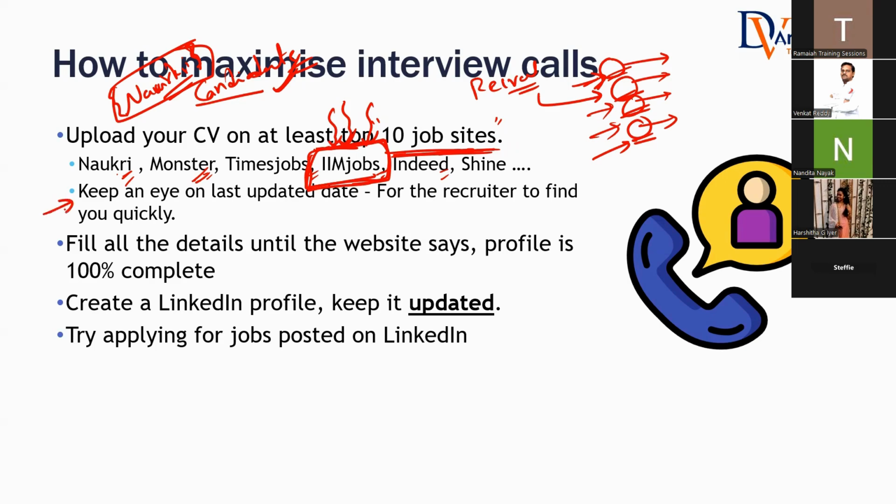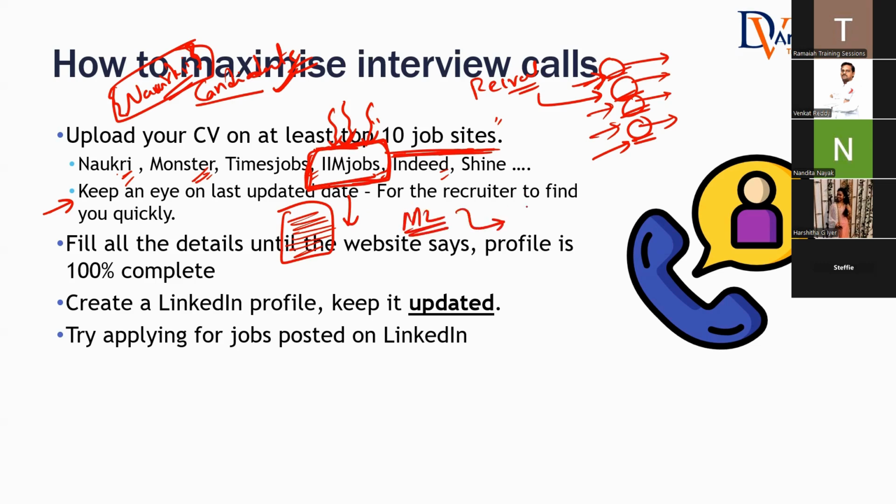And try to update your CV. For example, if a consulting firm comes to Naukri and searches for candidates, there will be so many candidates. They will sort these results on last updated date. Let us suppose I am looking to hire people with machine learning skill.